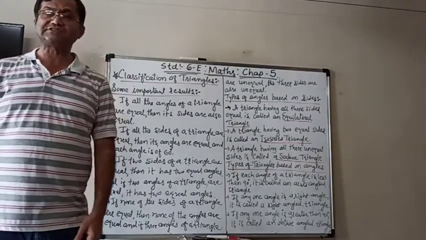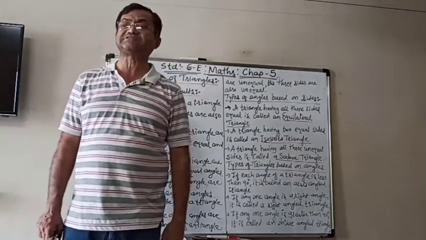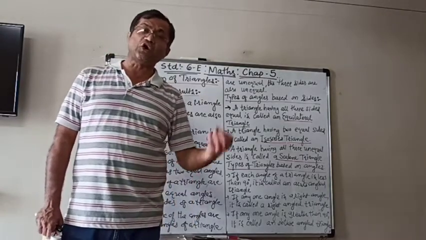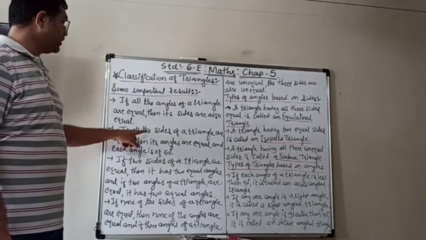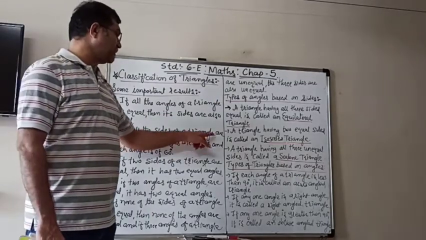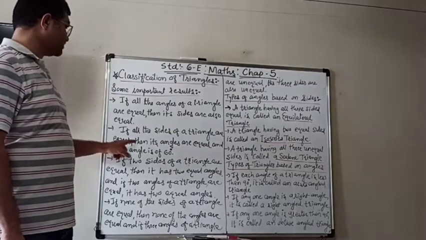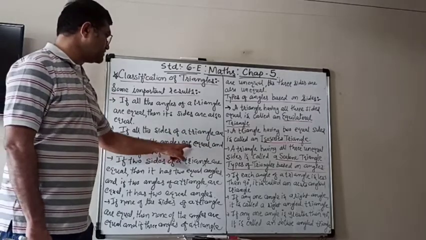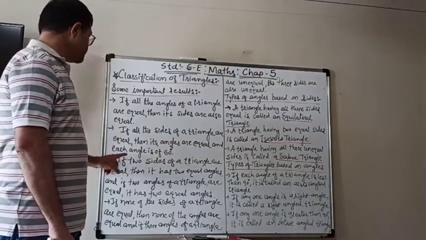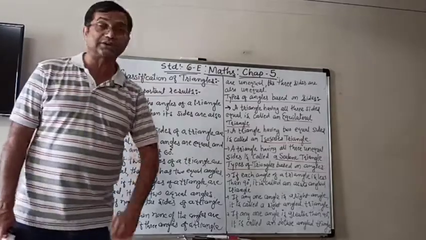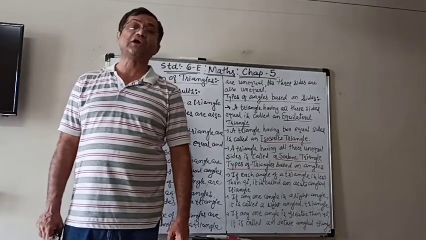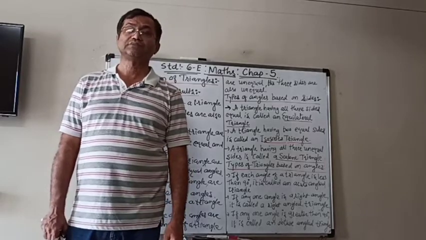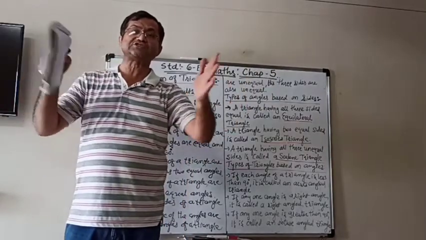And in reverse, if you take any triangle whose three sides are equal, then its angles are equal and each angle is 60 degrees. It doesn't matter whether it is a bigger triangle or a smaller triangle.